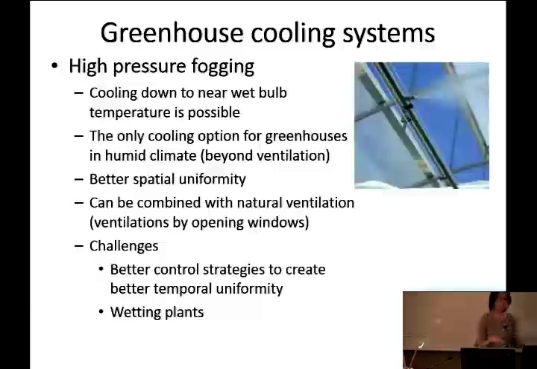A high pressure fog system tends to create big up and down temperature oscillation, big delta T. And also, when the nozzle location is too close to the canopy, like a tall crop, maybe less than 1 meter away, plants tend to get wet. And you don't want to wet the plants, because as soon as you wet the plants, plant surface temperature goes down to the wet bulb temperature, which is usually a lot lower than your optimum temperature. So the photosynthesis goes down.